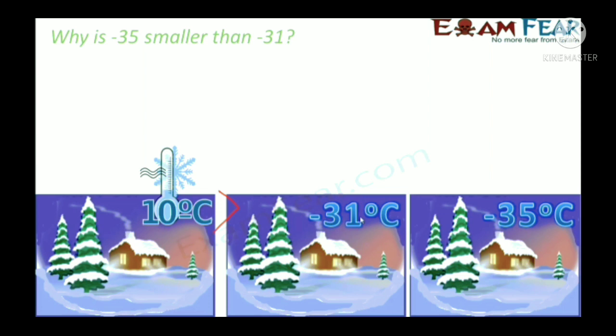So you see, as the temperature is dropping, basically your value is increasing, because minus 31 is more than minus 35. Minus 35 is more than minus 50, because your value is increasing but it is carrying a negative sign. That means the environment is becoming colder and colder. So this shows that minus 31 is greater than minus 35.